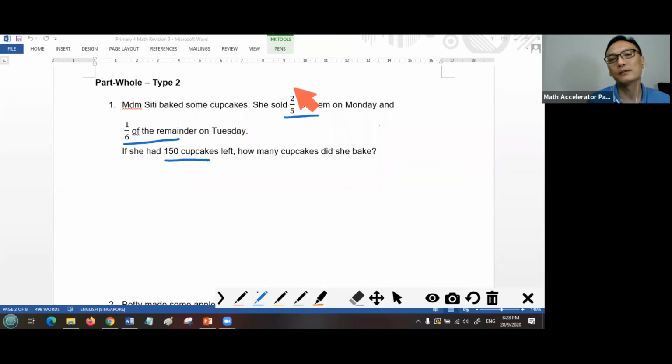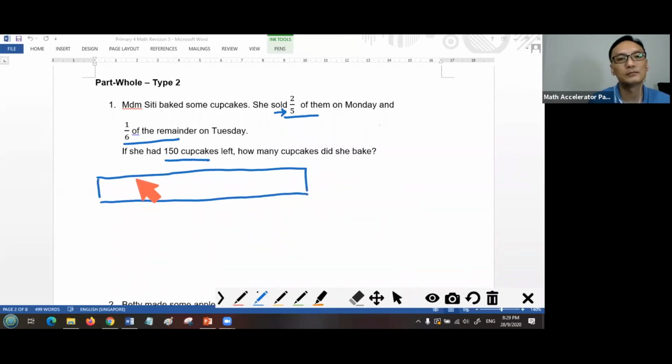Based on the first fraction, how many units must I draw in the first place? We should be drawing 5 units. From 5 units, you need to allocate 2 units for Monday.